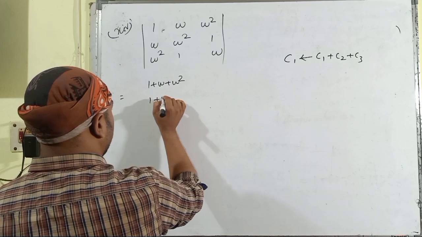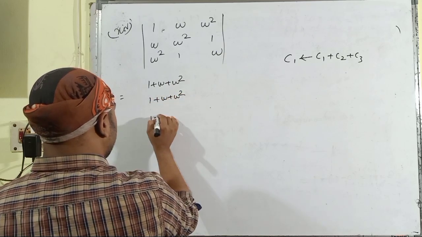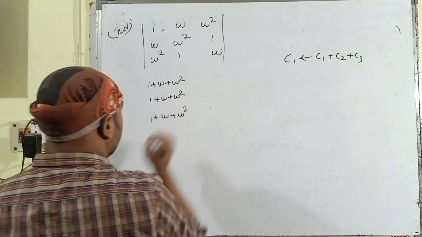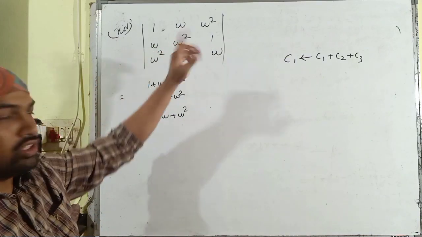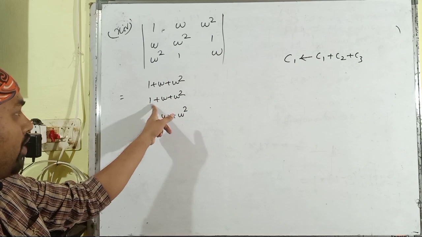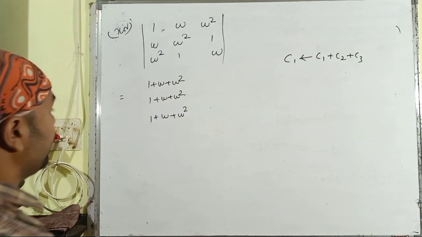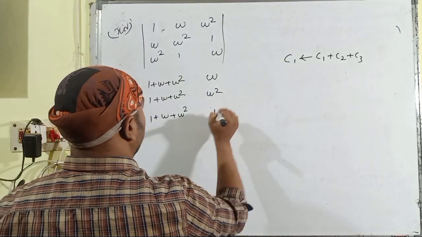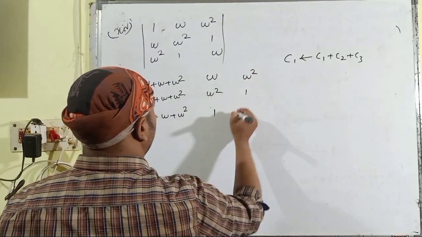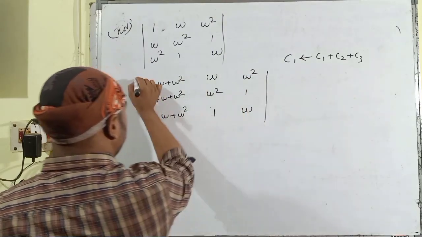Again here we are getting 1 plus omega square. Just I have arranged the order. Here we are getting omega plus omega square plus 1, which I have arranged in the general form of 1 plus omega square. And the rest of the columns are omega square, 1 and omega square, 1, omega.